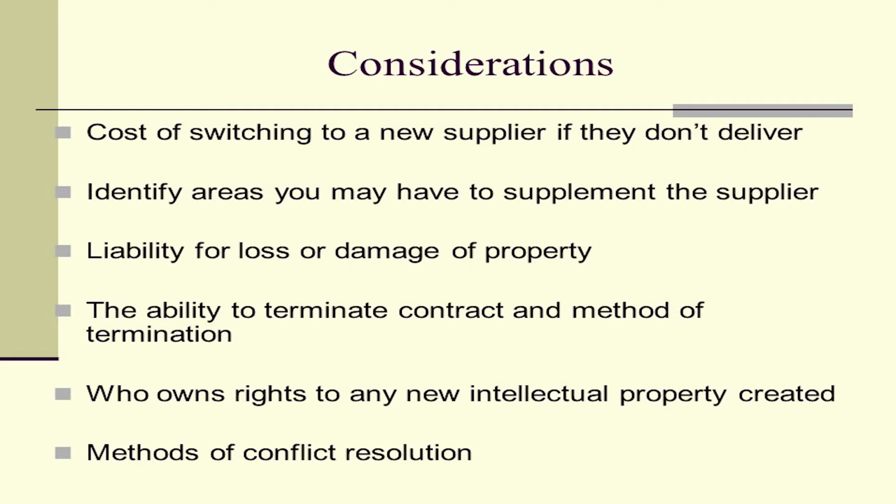The methods of conflict resolution should be written into the contract so issues can be dealt with constructively without derailing the whole agreement. And finally, you will need to consider under what grounds you may have to terminate the contract and how you would go about it. This should be written into the contract.